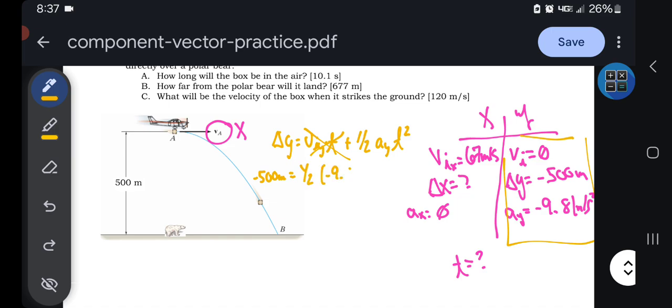Negative 9.81 meters per second squared, T squared. Alright, now we're going to solve for T. Negative 500 divided by 1/2 times negative 9.81 meters per second squared.